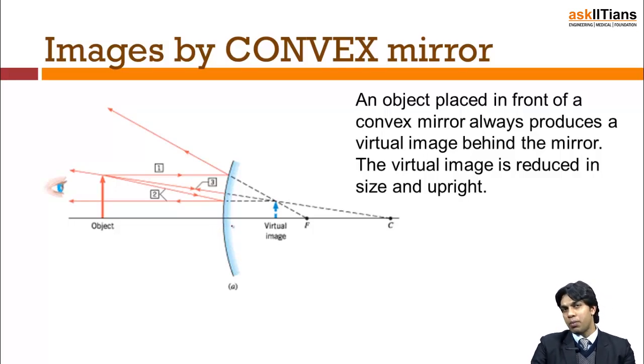Light parallel to the principal axis after reflection passes through the focus. Light passing through the center of curvature after reflection retraces its path. So these three features are constant in all sorts of mirrors, whether plane or spherical. These three points are depicted in this diagram.